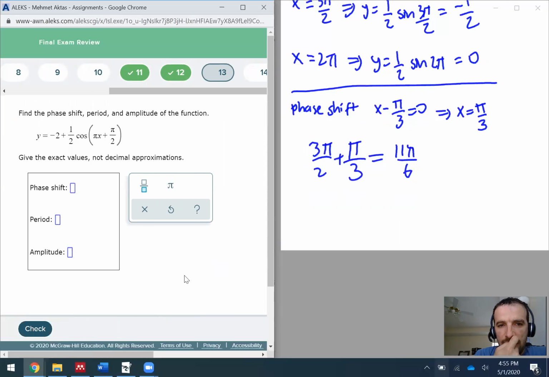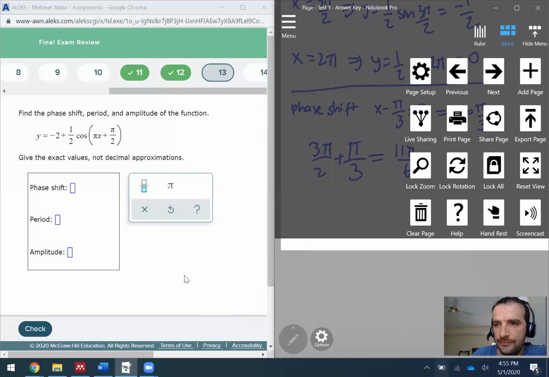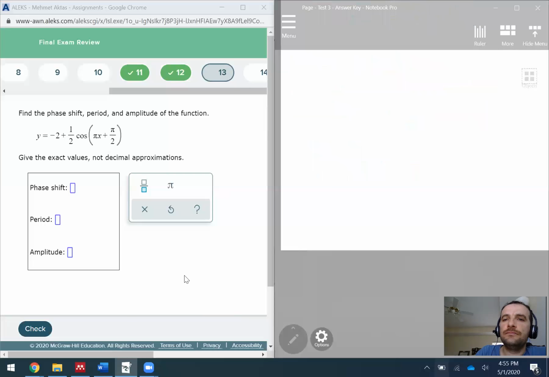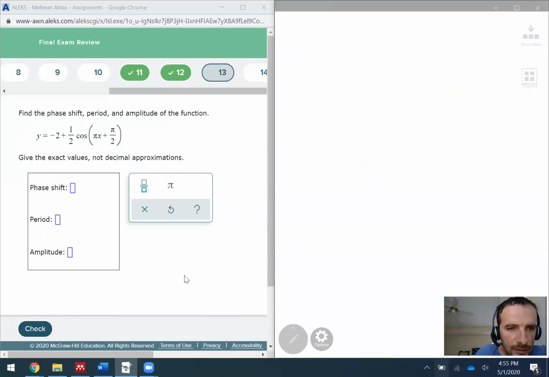Find the phase shift, period, and amplitude of the function. Okay. All right, let's make a new page. Phase shift.